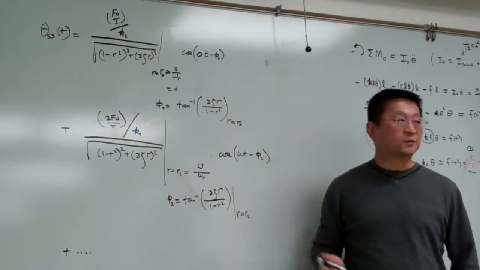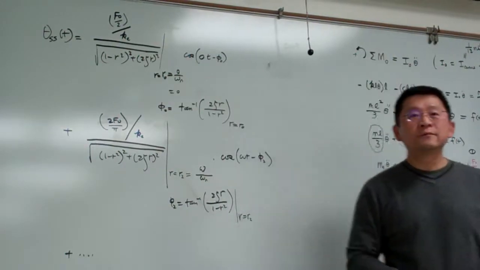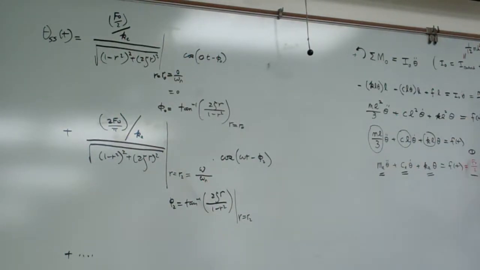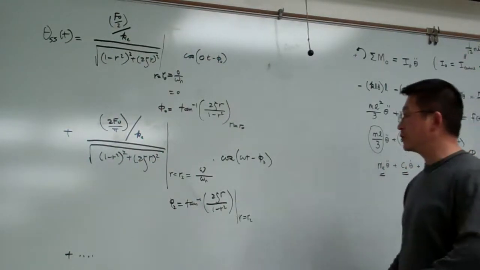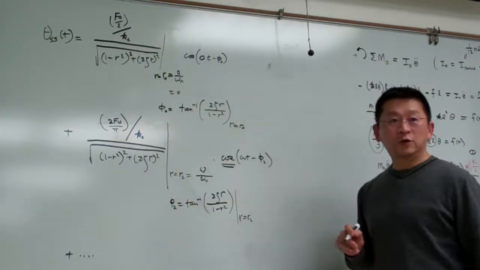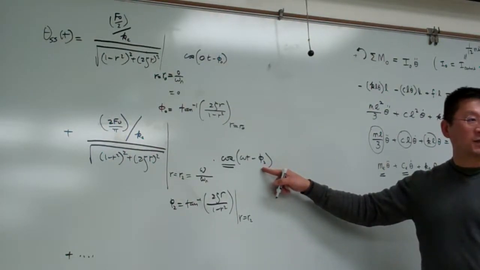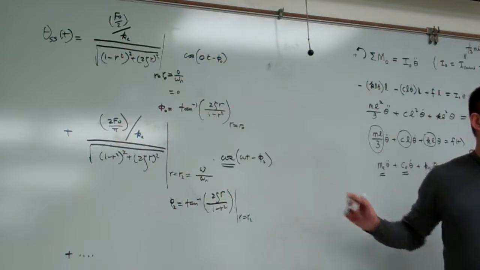Then repeat the same template. Okay? Because we expanded in terms of cosine, for the response we take the same harmonic form, cosine, and then we insert the phase lag in terms of this form here. Okay?